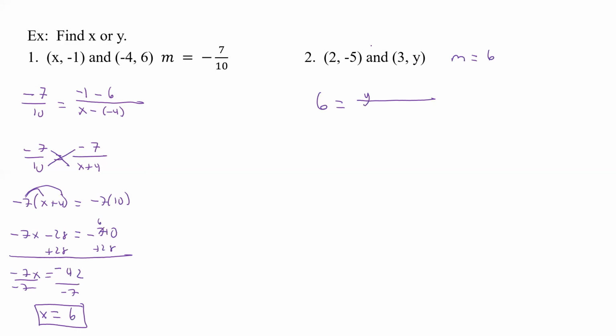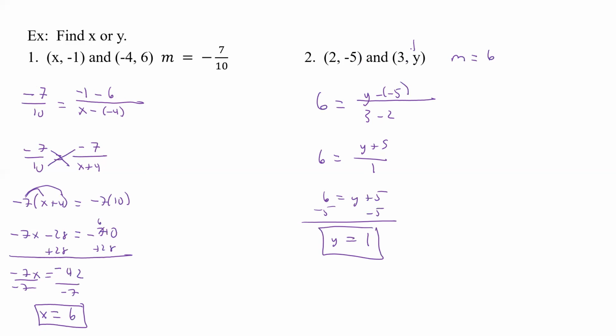Y minus a minus 5 over 3 minus 2. So that gives us 6 equals y plus 5 over 3 minus 2. Well, that's just 1. All right, so this does work out pretty good. So 6 equals y plus 5. Subtract 5. Y equals 1. And so that would be what we would put in here, and that would give us our slope of 6. Okay.